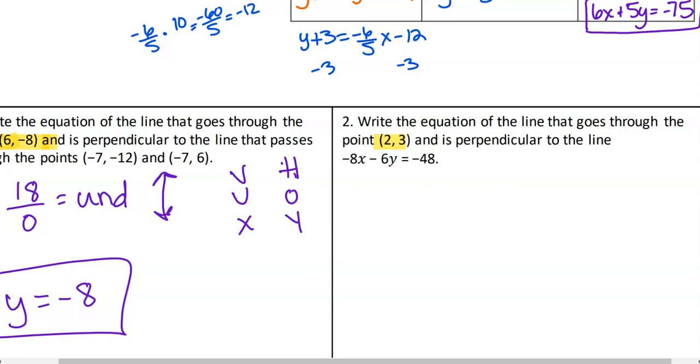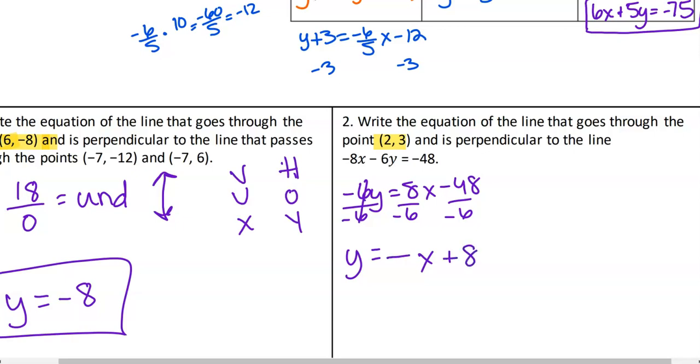Yeah, our goal is to get y by itself. Yes, so let's move our 8x to the other side. So -6y is positive 8x minus 48. Divide by -6. There you go. Y equals -8 over 6x plus 8.